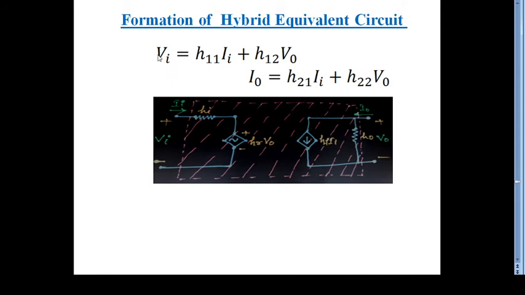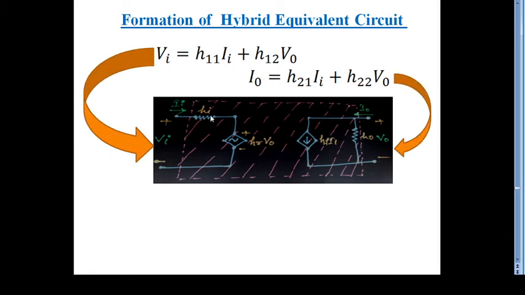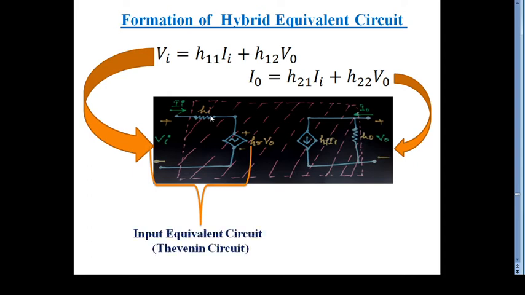So this one is nothing but simply your Norton equivalent. Okay, this one is a Thevenin one and this one is your Norton one. Okay, so next, after that what we are doing, this one is your Thevenin input equivalent, and this one is our output equivalent circuit.